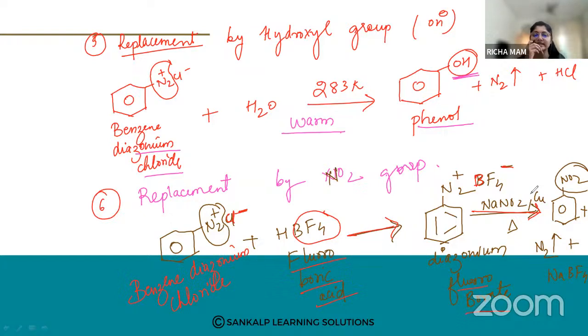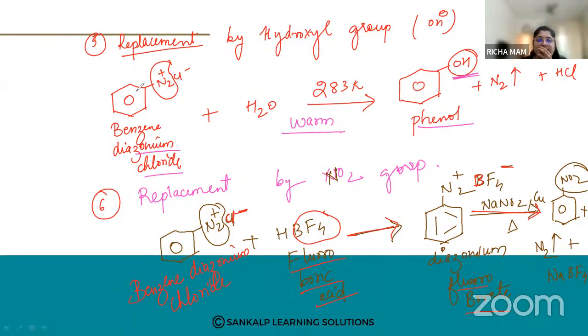So these are the 6 replacement reactions. Which all have we seen? First Sandmeyer's reaction, then Gattermann reaction, then replacement by iodide ion, then by fluoride ion, replacement by hydrogen, replacement by hydroxyl group, and replacement by nitro group. Any doubts up to here?